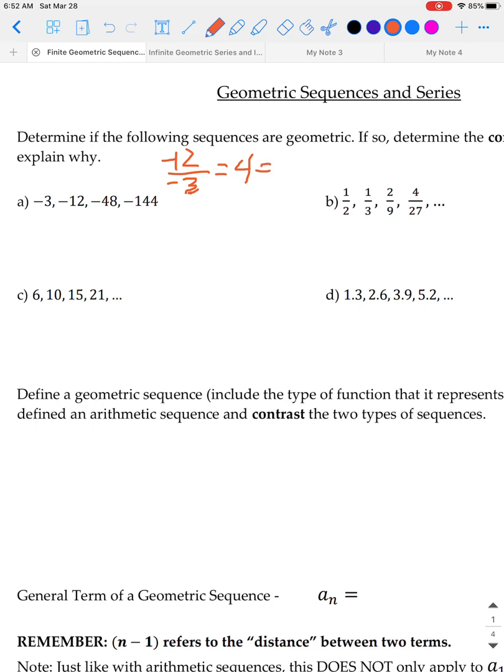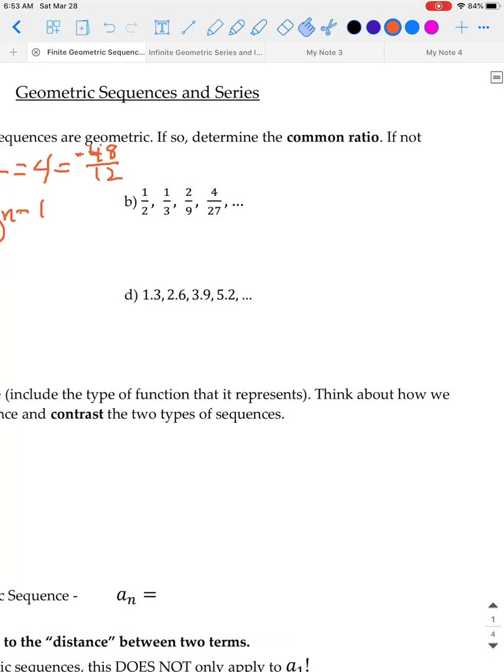If I take -48 over 12, I also get 4. And I'll get the same with -144 and -48. So we can clearly see that each time we're multiplying by 4. So then a sub n is going to be -3 times 4 to the n minus 1. And this is clearly geometric.